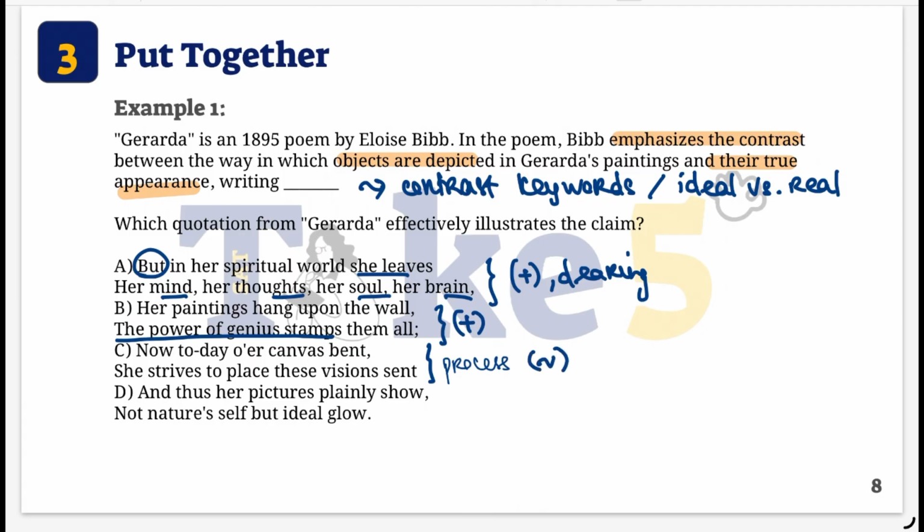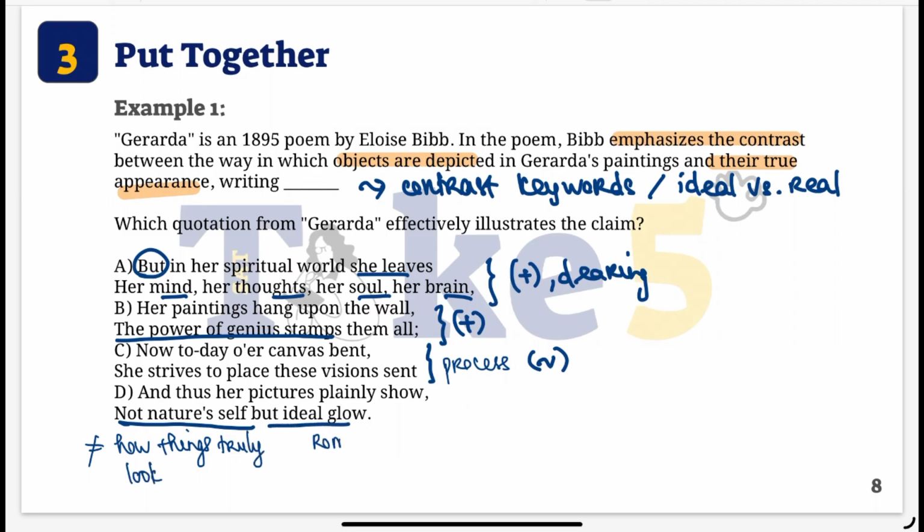Only D describes not nature's self, or not how things truly look in reality, and but ideal glows means but a romanticized and imagined version instead. The structure not and but here is a direct, explicit contrast, and it also shows a negative feeling, so put a negative sign here.